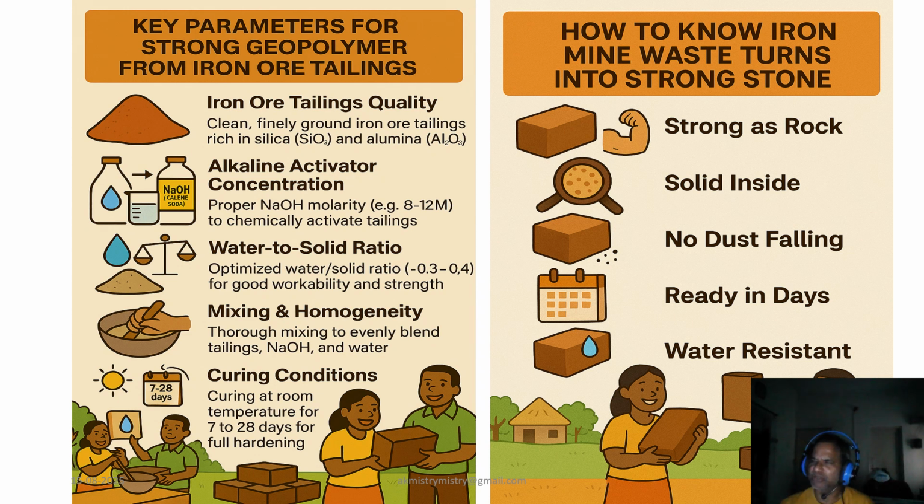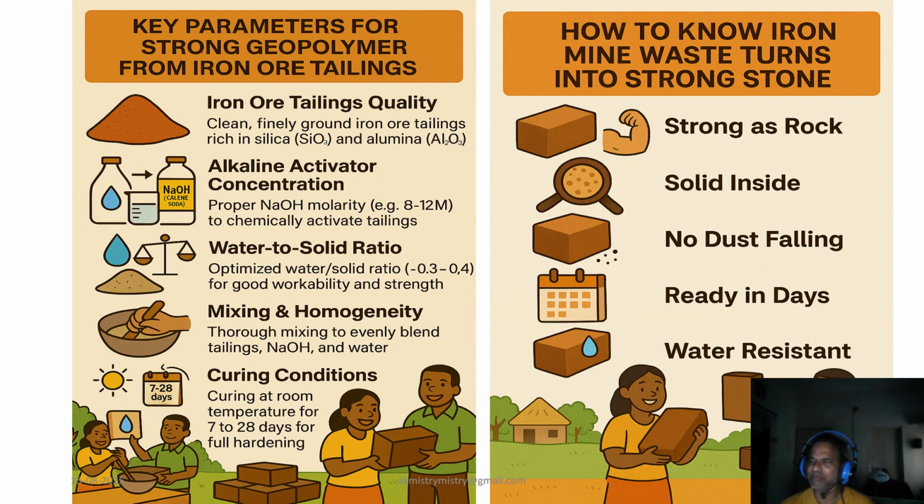To produce strong geopolymer blocks from iron ore tailings, several key parameters must be controlled. First, use clean, finely ground tailing rich in silica and alumina. Second, ensure the sodium hydroxide concentration is between 8 to 12 molar for effective activation.